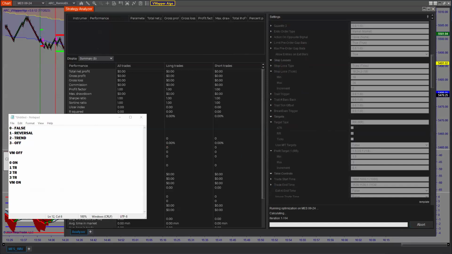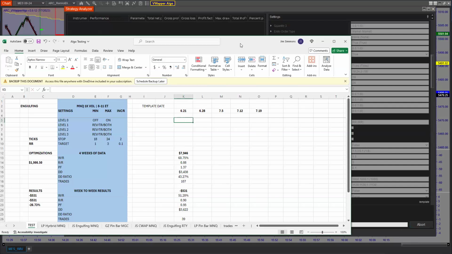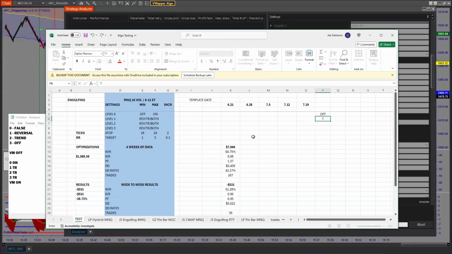So we can start tracking these. We know that this one was, we're kind of technically over here, but that's fine. Just an example. We had level 1 was reversal, trend, off. And then we'll fill in stops and targets here.